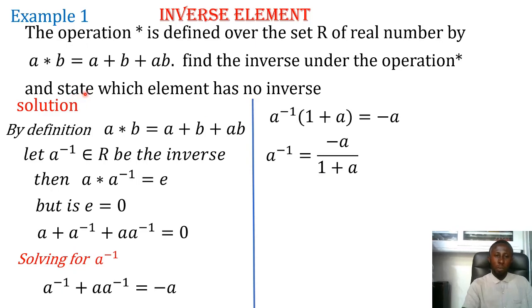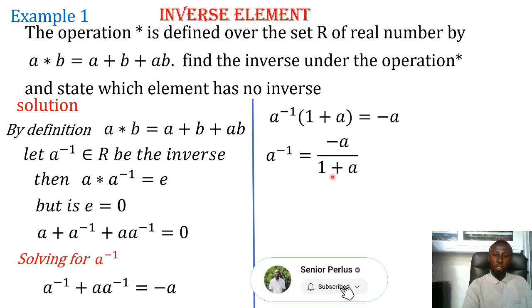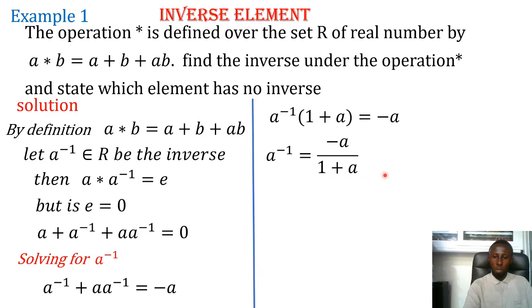And the question said, state which element has no inverse. It means that we have to set the denominator to 0. This one we talk about under rational functions. So we want to state which element has no inverse, so we set the denominator to 0.